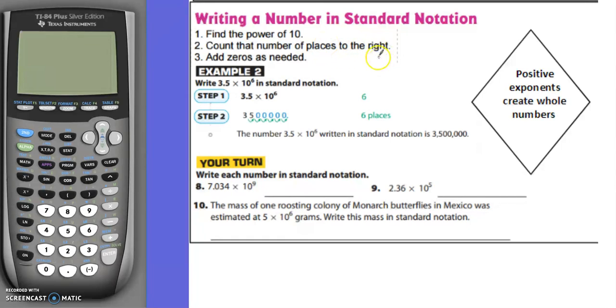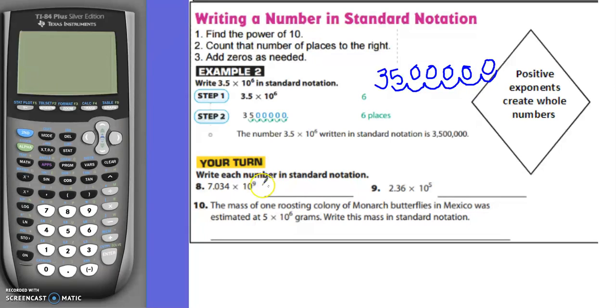Well, if we write down 3.5 and we go over 6 places, you go 1, 2, 3, 4, 5, 6. You're just going to fill in the placeholders. All right, so we've added 5 zeros, and we now have 3,500,000.